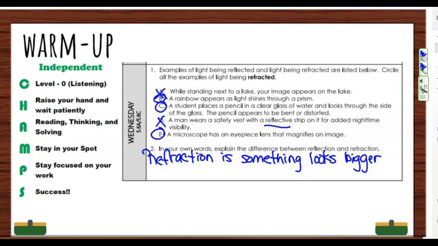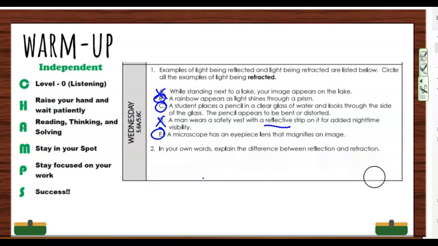Refraction is something looks bigger or smaller. Now, are you necessarily writing what I'm writing? I have to rewrite it all over again. You're not. You are only writing this if yours is wrong, or you did nothing, right? But if you have something there, then you may just add a word or 2. But don't rewrite the whole thing.